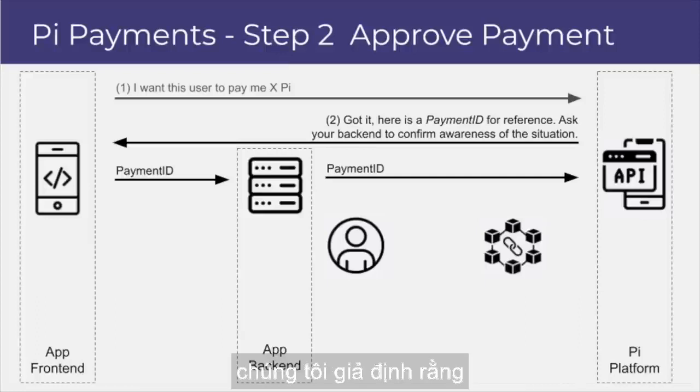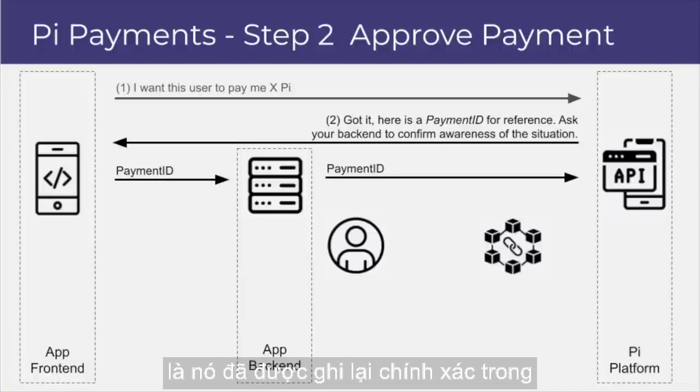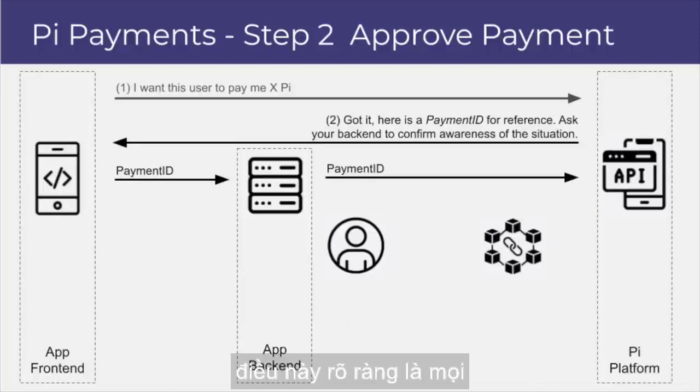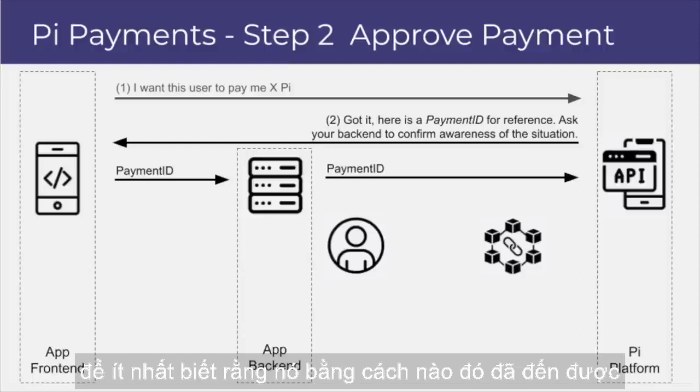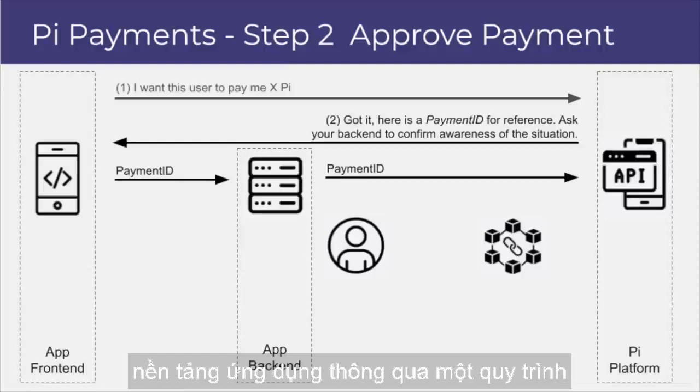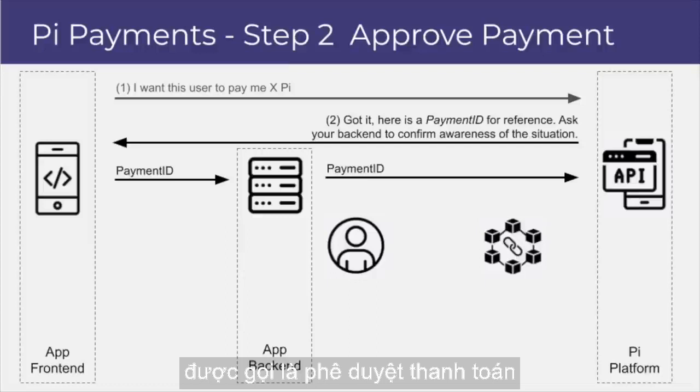We're assuming that if the payment ID reaches the app backend, there is a very high likelihood that it has been correctly recorded in the app's database. Everything could always go wrong, but this is a mandatory step to at least know that it somehow reached the app backend, and then it gets sent to the Pi platform through a process that is called payment approval.